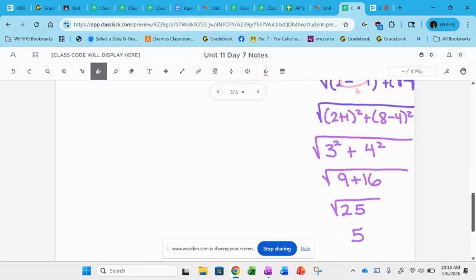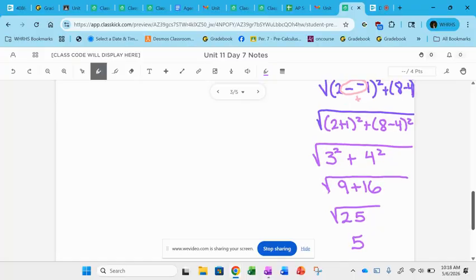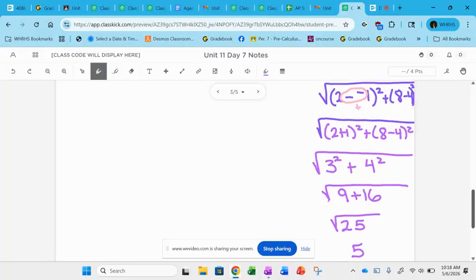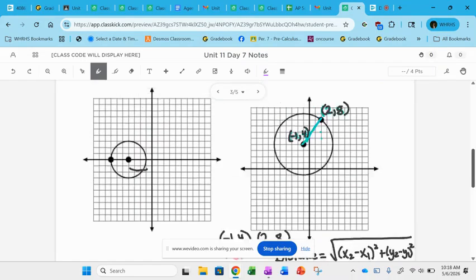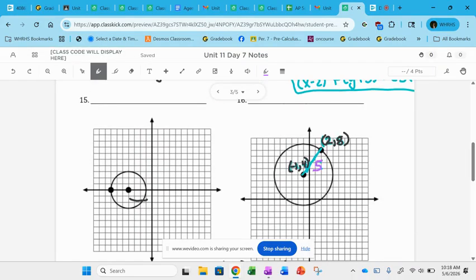So what did I just find here? What is 5? No, the 5 is the radius. The 5 is this radius. So now I have everything I need. It's going to be x minus negative 1 squared plus y minus 4 squared equals 5 squared.